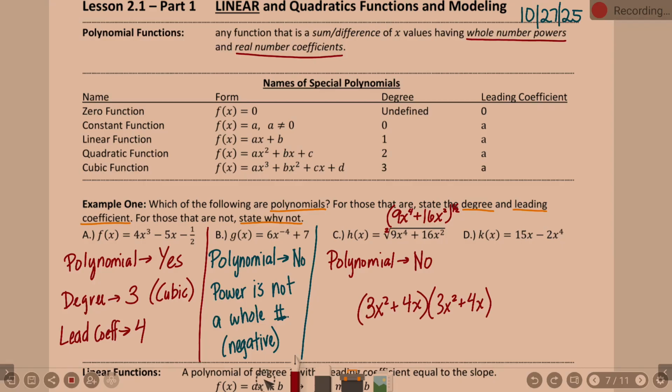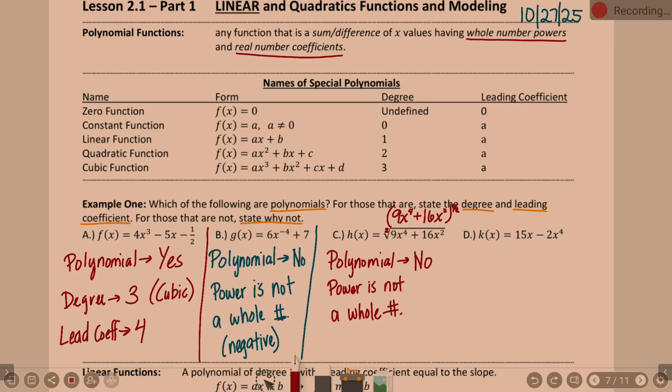And if you FOIL it, you're going to come up with outside and inside terms that aren't canceling. You can't just take the square root of terms being added and subtracted. So ultimately, it's not a polynomial, and same answer as last time, the power is not a whole number.